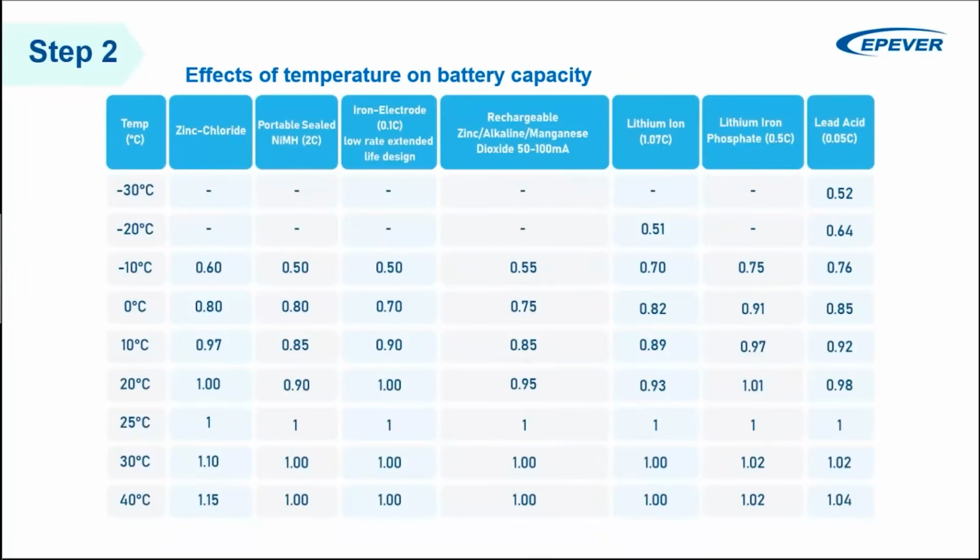About the temperature, you see here a table. Here you see the temperature, and here you see the different types of batteries that are normally used in the market. When the temperature increases, this affects the chemical reactions that occur inside a battery.